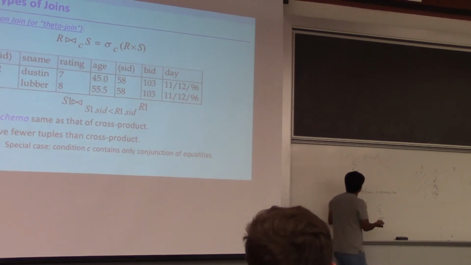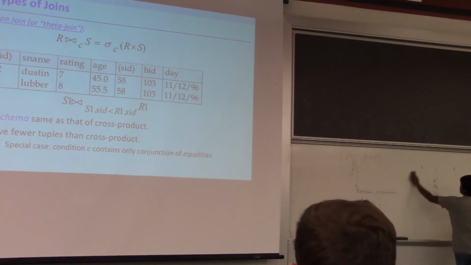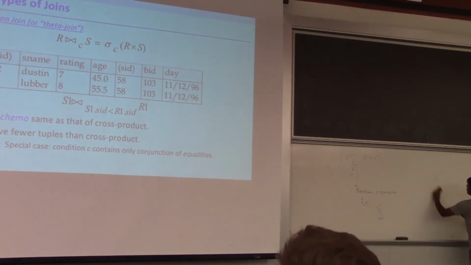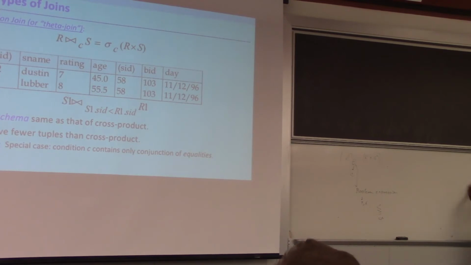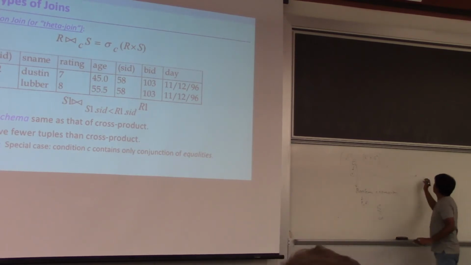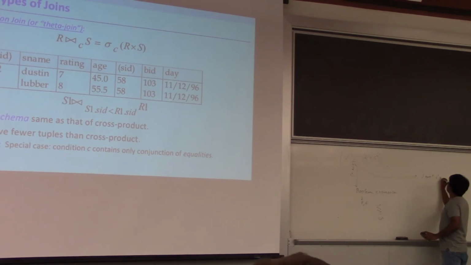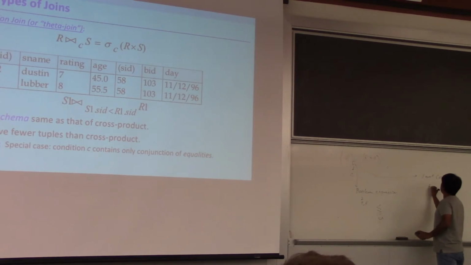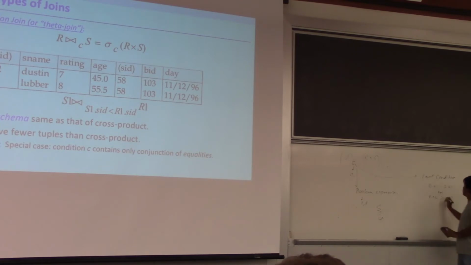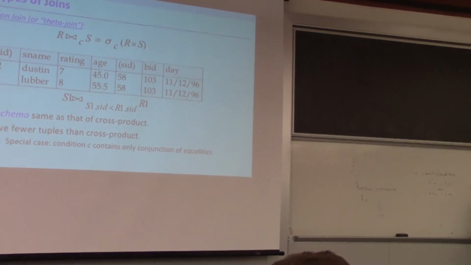But the only special thing that we have is what we call equijoin, where we have the condition as equal. So if this theta has the equal condition, say r.a1 equals s.a1 and r.a2 equals s.a2, so all of them are equal, then we call it equijoin.